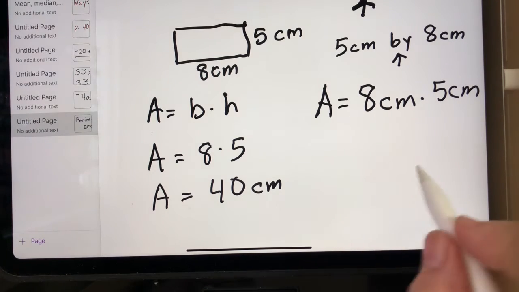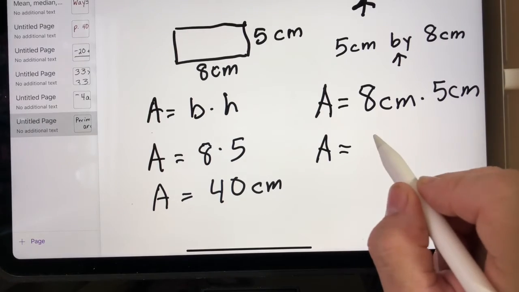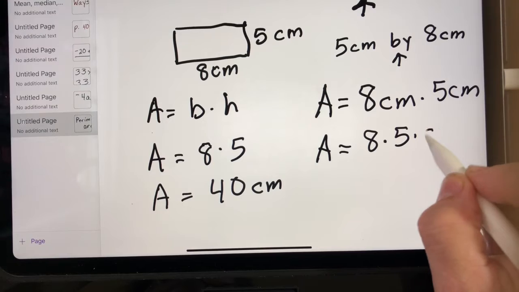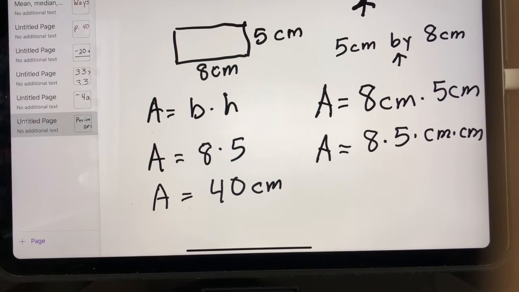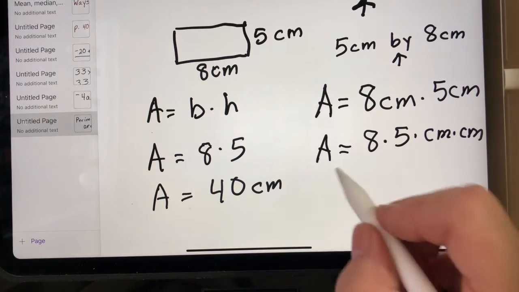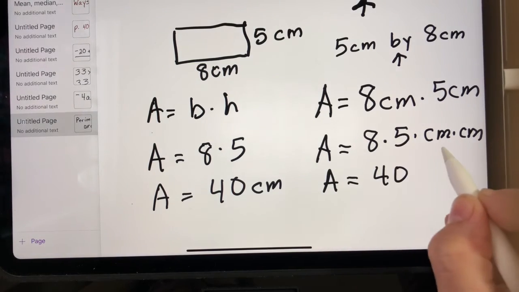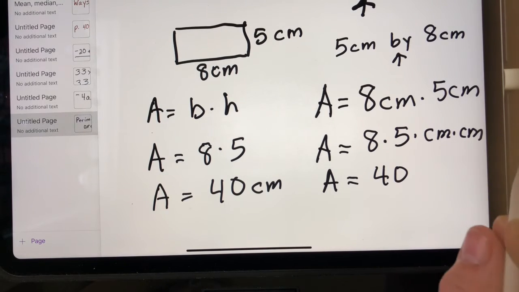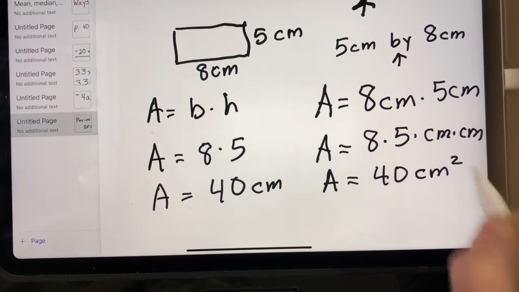Okay. So you can also say this, we could do it in any order: 8 times 5 times centimeters times centimeters. Isn't that kind of interesting? Then we get area equals 40. What's centimeter times centimeter? That's centimeter squared.